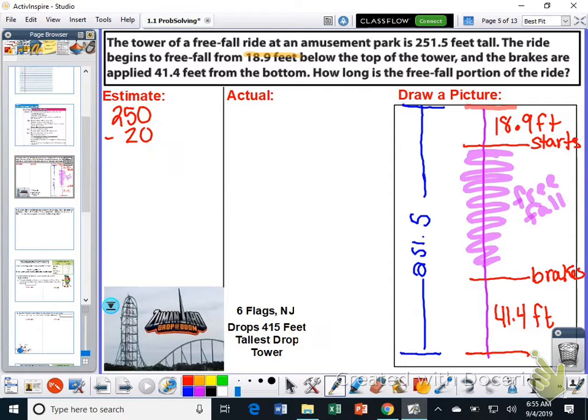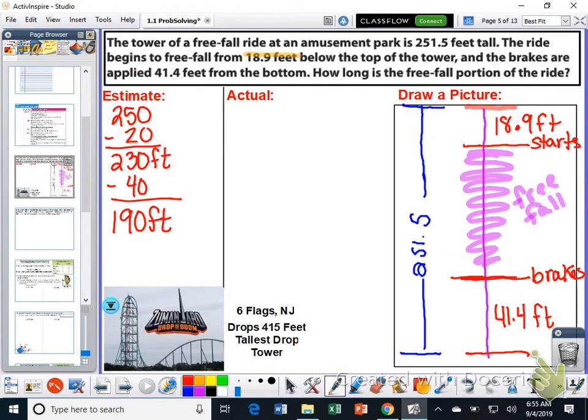So I'm going to subtract 20. So now I have 230 feet. But then I also have to subtract this bottom portion, because they're not falling all the way to the bottom of the tower. They have to brake because they don't want to slam into the ground. So 41.4 feet is close to 40, so I'm going to subtract 40 feet, and I end up with 190 feet.